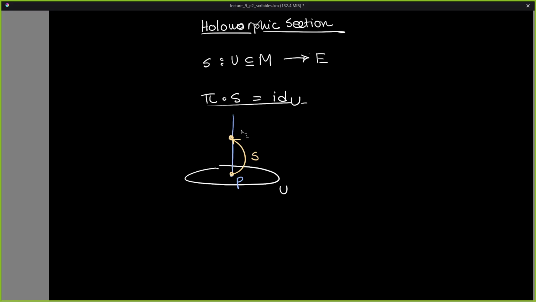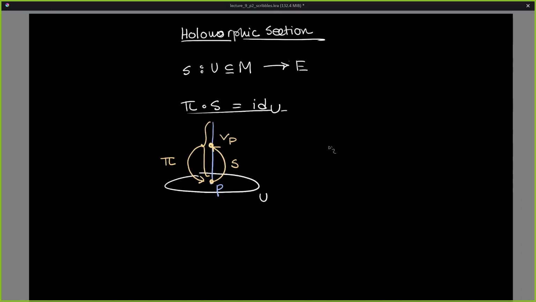Let's say this is a vector at P, and then pi maps this entire fiber back to P. That means this will become a round trip, and therefore it will be equal to the identity.